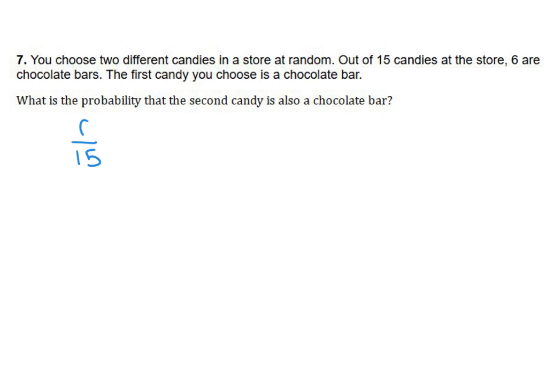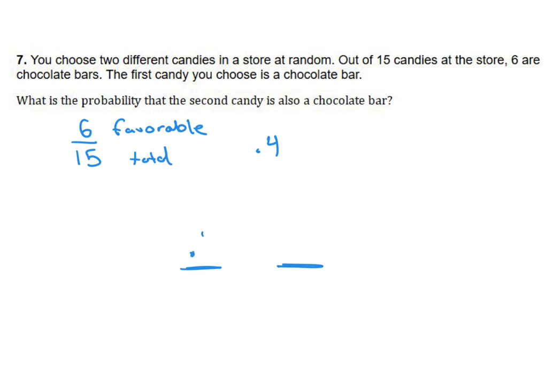6 are chocolate. So the probability, this is your favorable outcome and your total. 6 out of 15 is going to give you a probability of 0.4. But now you are going to run this as a compound event where you're going to pick 2 candies back to back.